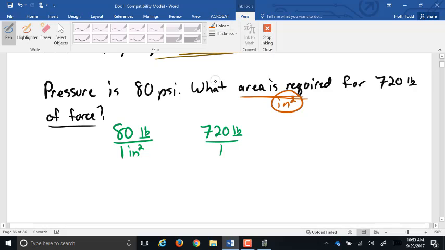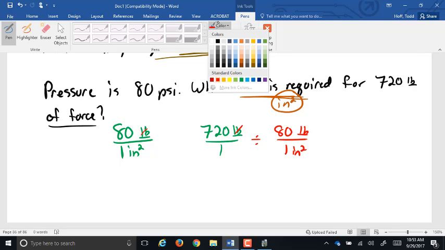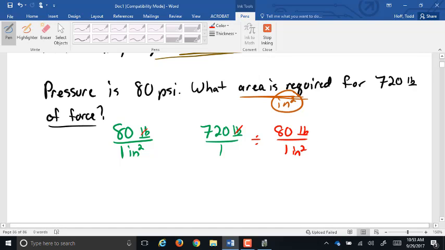That means that somehow the pounds have to cancel out, and we need to have the square inches on the top of the fraction. Well, the only way we're going to do that is to take our 720 pounds and divide by the 80 pounds per 1 square inch. The reason that's going to work out, because of what we know for fractions, is that when we divide, we're actually going to multiply by the reciprocal.